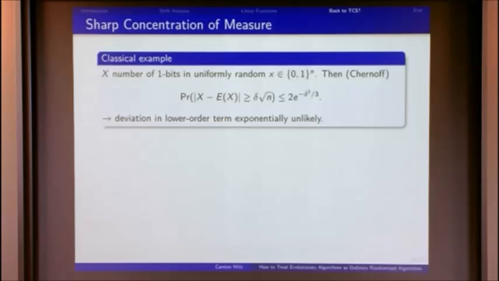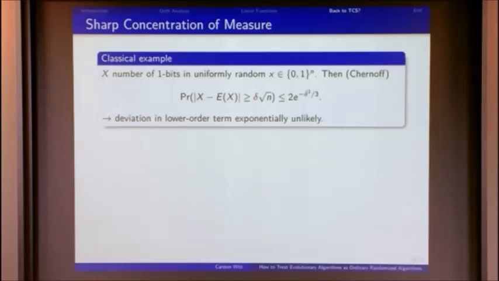But there are tools called Chernoff bounds that tell us that the actual number of 1 bits in a uniform bit string deviates from this expected value by no more than a square root of the number of bits. More precisely, the probability that it deviates by a factor delta times the square root is already exponentially small with respect to this delta. So this is a lower order term, the square root.